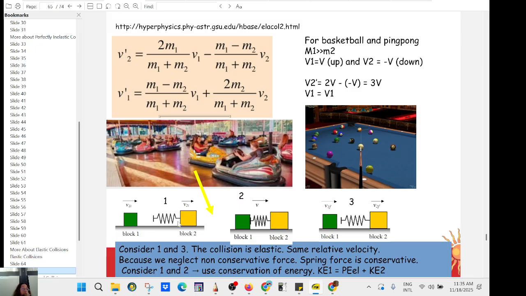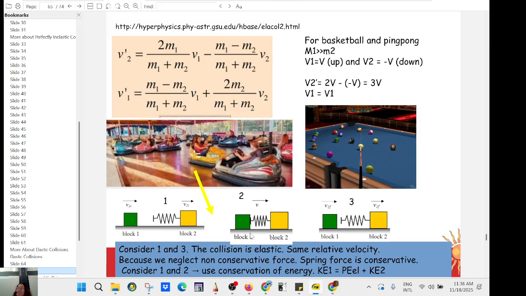What type of energy do you have in step one? Kinetic energy, right? So we can find the total amount of kinetic energy: 1/2 m v1 squared plus 1/2 m v2 squared.